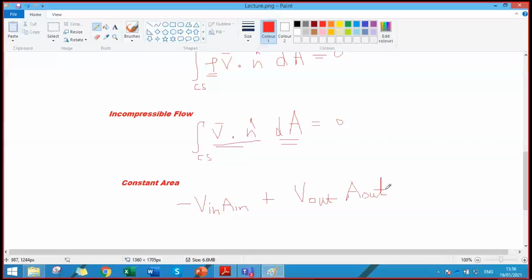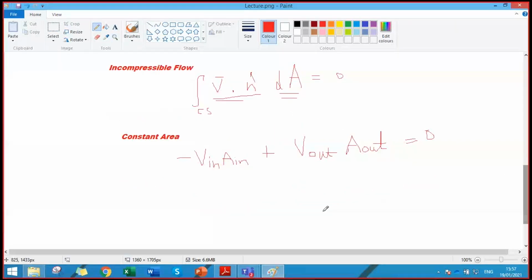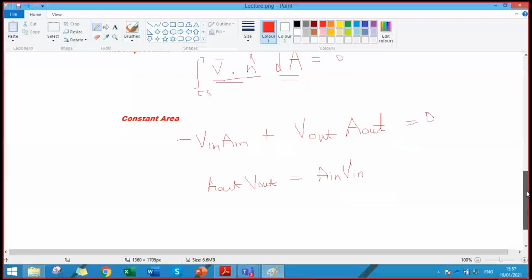This should be equal to 0, or in other words, A out V out should be equal to A in into V in.